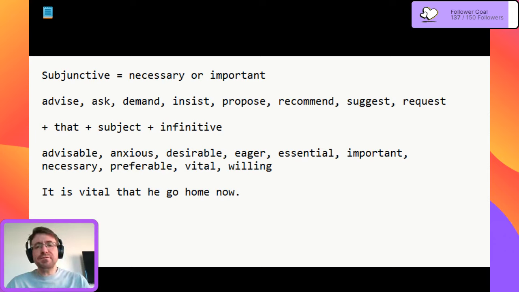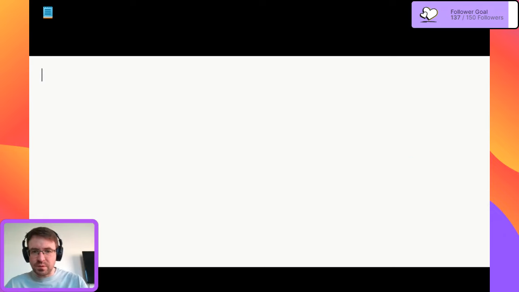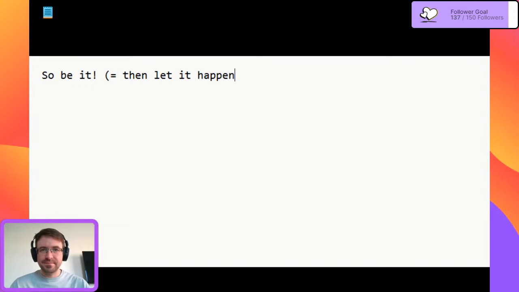There are a couple of fixed phrases where we also use the subjunctive, which you can just remember as fixed. We'll list these through and then we will finish up. So a couple of typical ones are so be it. This is a very typical expression, and it means the same as then let it happen. Bless you. When we want to say like "будь здоров," we say "bless you" in English, which is also a form of the subjunctive.